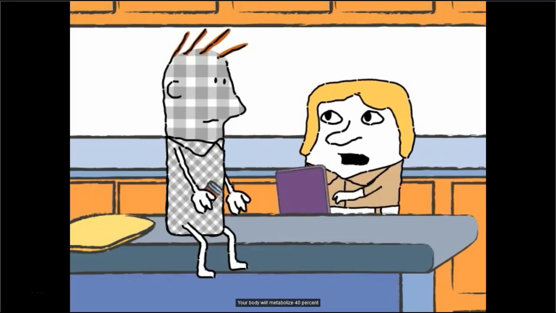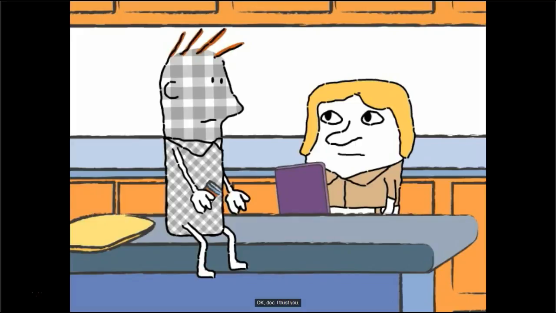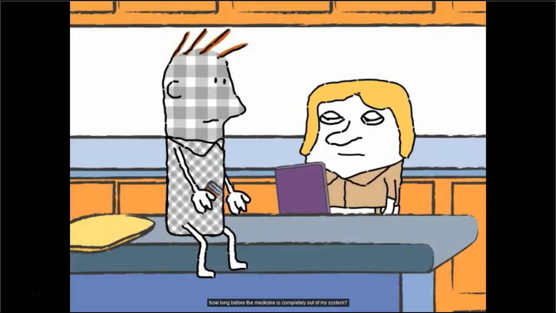Your body will metabolize 40% of the medication every hour. So after 1 hour, 60% will still be left in your system. After 2 hours, 36% will be left, and so on. After 4 hours, you'll need another dose. Okay, Doc, I trust you. But if the medicine breaks down at 40% per hour, how long before the medicine is completely out of my system?